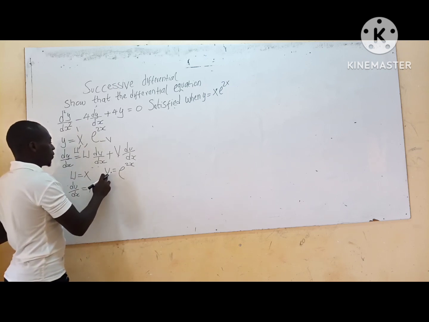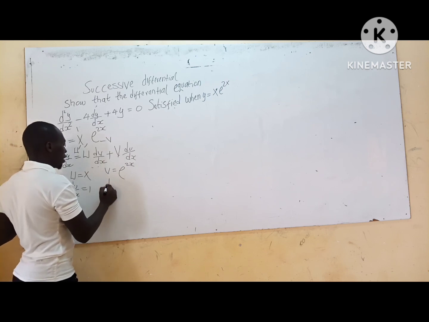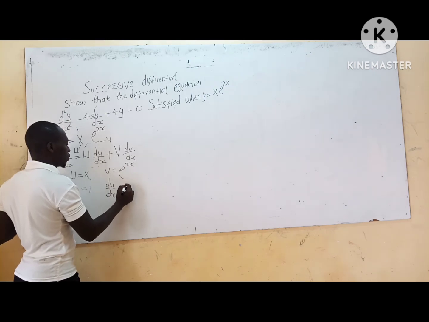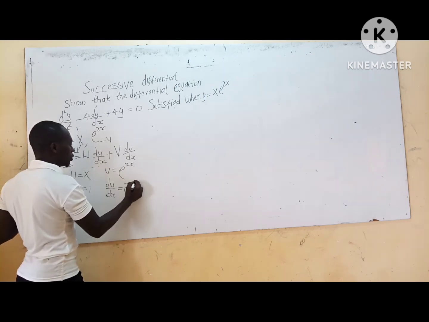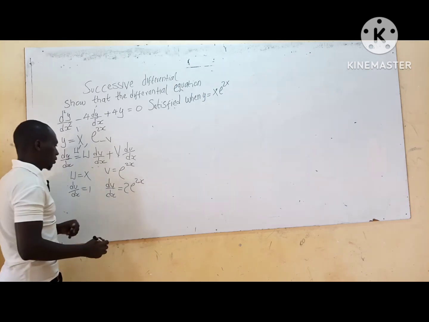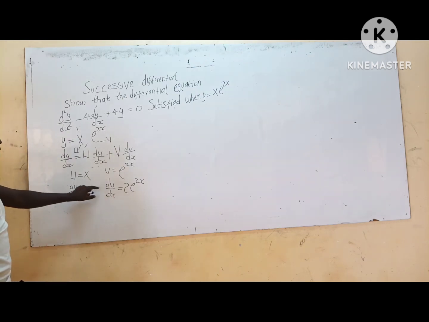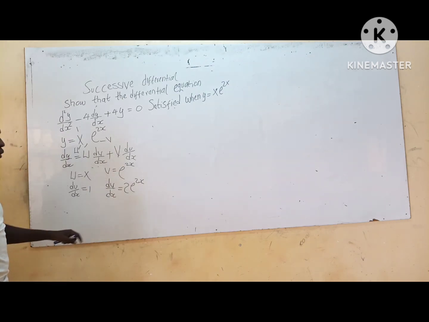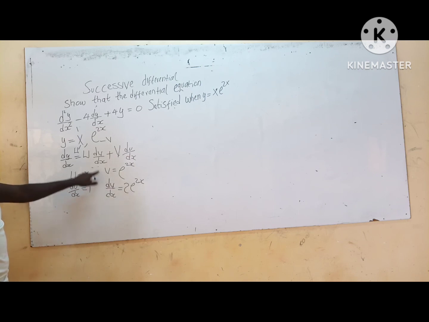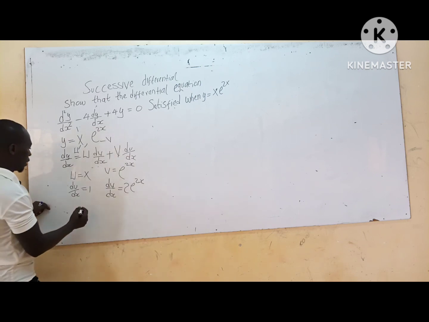And dv with respect to dx will be equal to 2 exponential 2x.